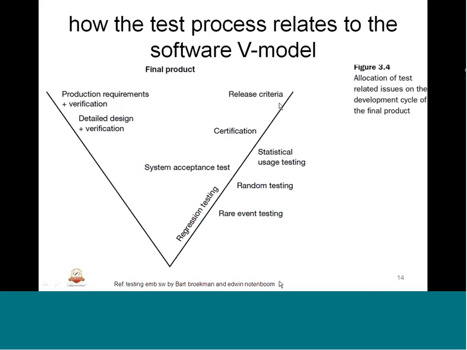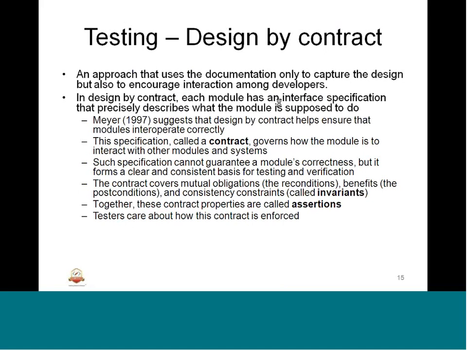The next type of testing of interest in embedded software testing is testing design by contract. Here the approach uses documentation only to capture the design, but it will encourage basically an interaction among different developers.